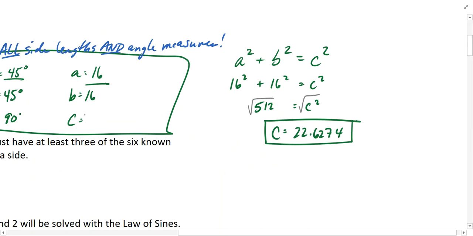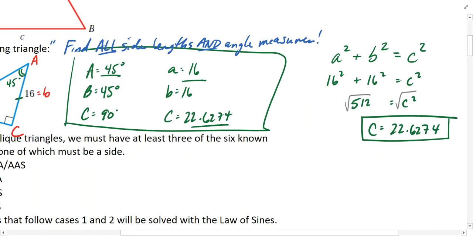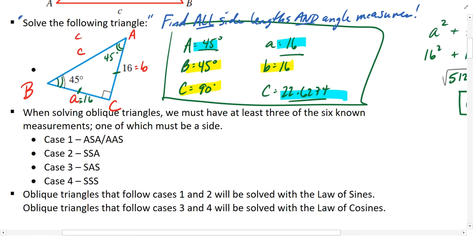So we will report the final side length as 22.6274. And while 3 components were given and 3 components were unknown, we were able to solve for the 3 unknowns, and we have a solution for all 6 components of this triangle.